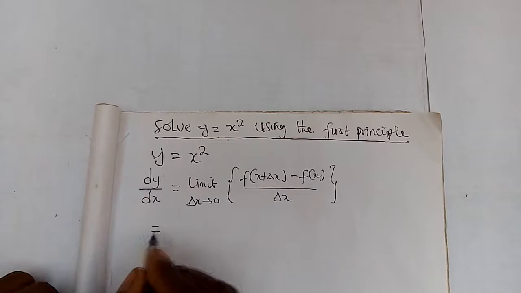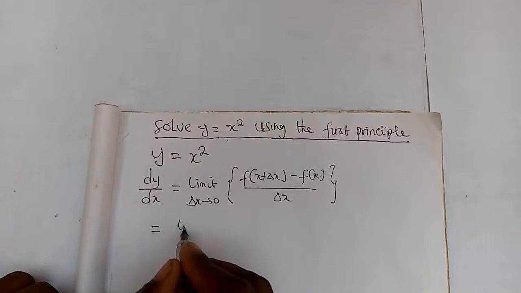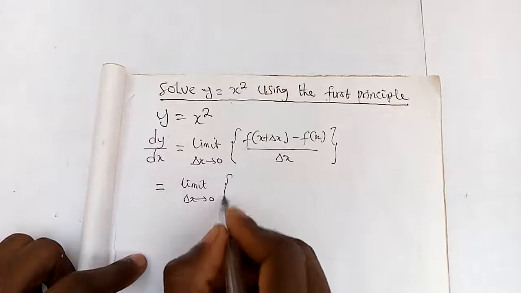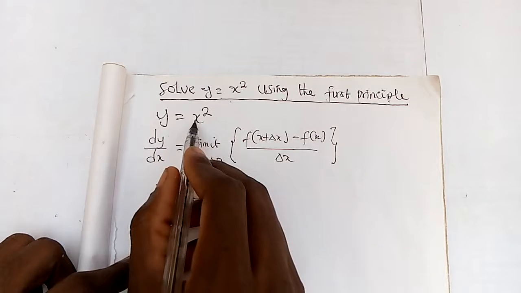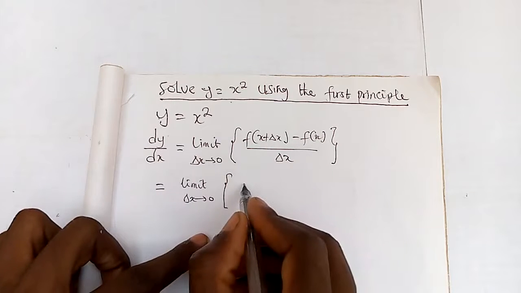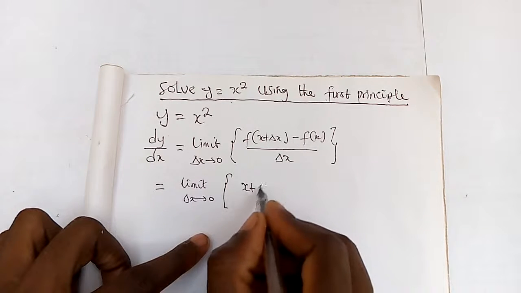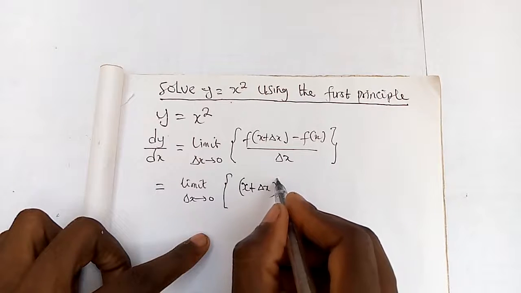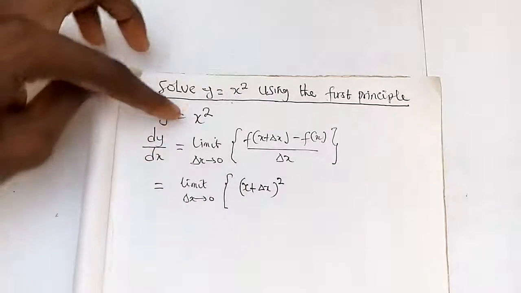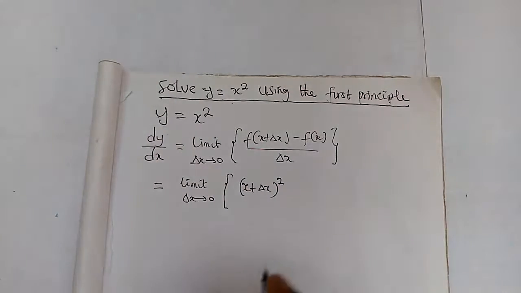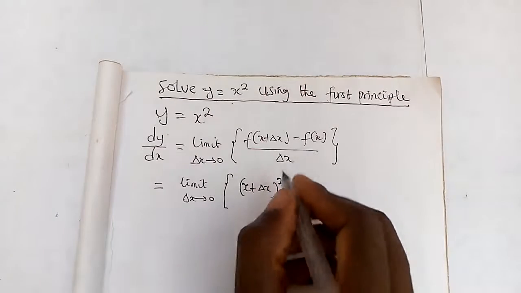We write the same thing: limit as change of x approaches 0, then x plus change of x, all raised to the power 2 because of the square, minus f of x.